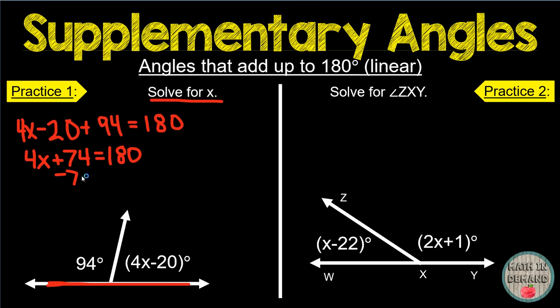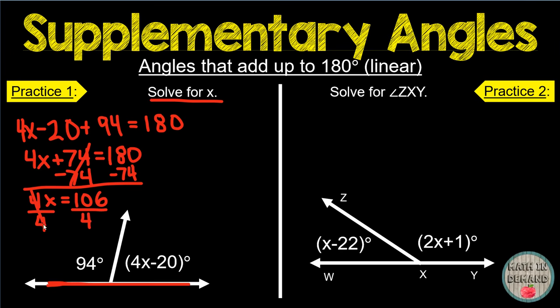Subtract 74 on both sides. After subtracting 74 on both sides, this will cancel. I will be left with 4x equals, when you subtract, you can borrow, and you'll end up getting 106. I'm going to divide both sides by 4.